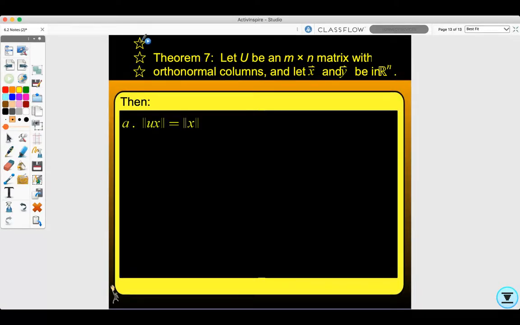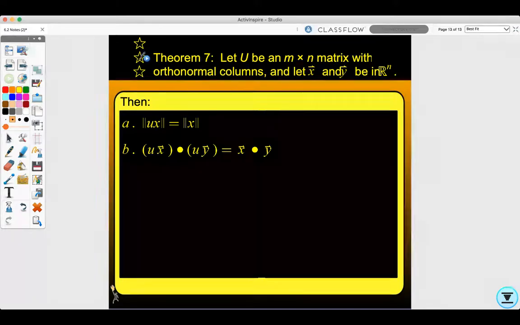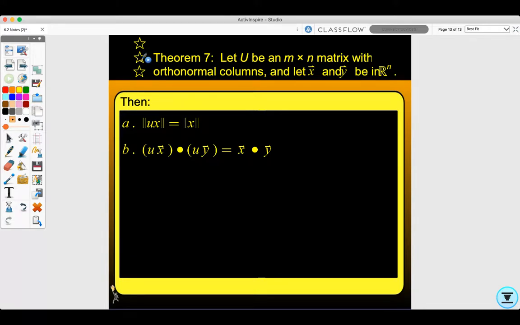Then the length of Ux equals the length of x, Ux dot Uy equals x dot y, and Ux dot Uy equals 0 if and only if x dot y equals 0.